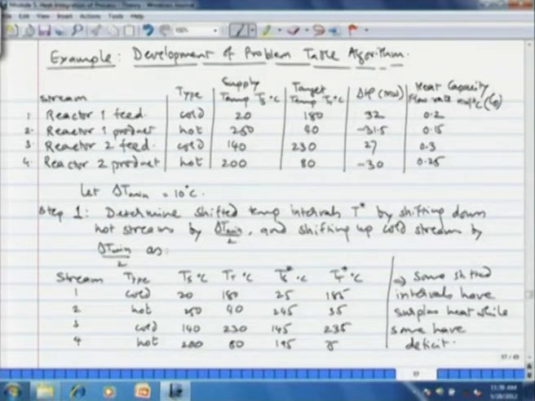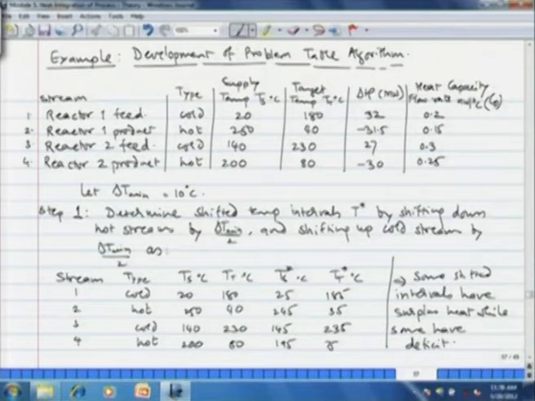Step 1 according to the algorithm is to determine the shifted temperature interval that we denote by T star, by shifting down the hot stream temperatures by delta T min by 2 and shifting up the cold stream temperatures by delta T min by 2. So stream 1, which was cold, had a supply temperature of 20, we now increase it by delta T min by 2, that is 5 degrees, and make it 25.